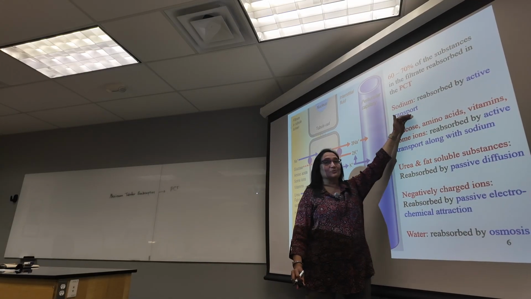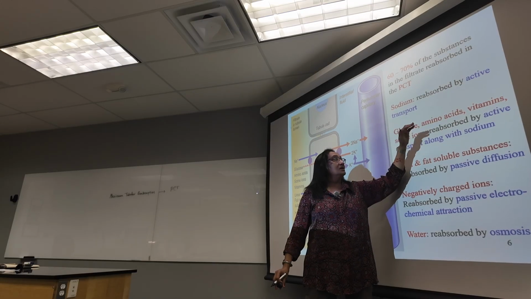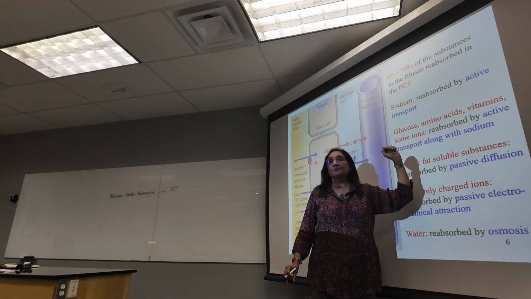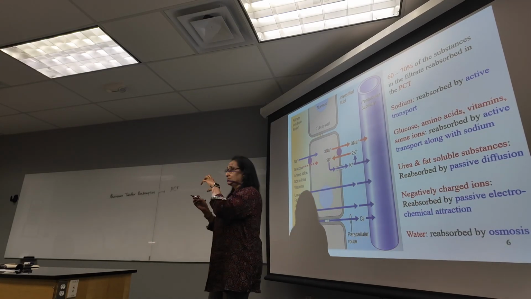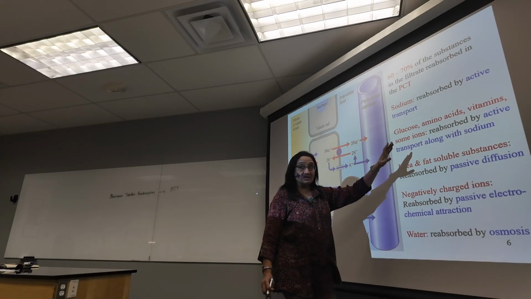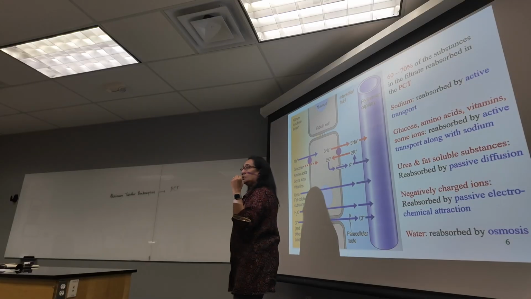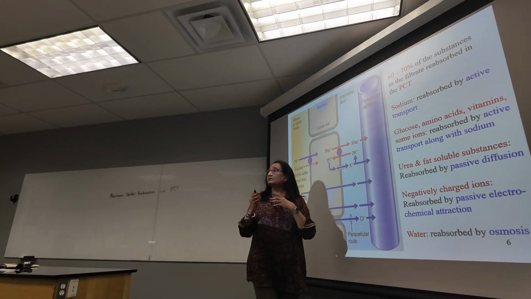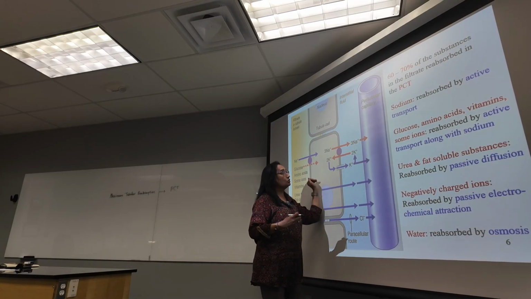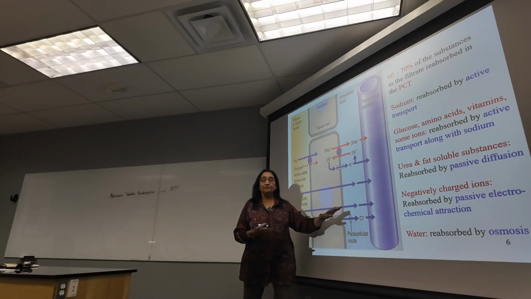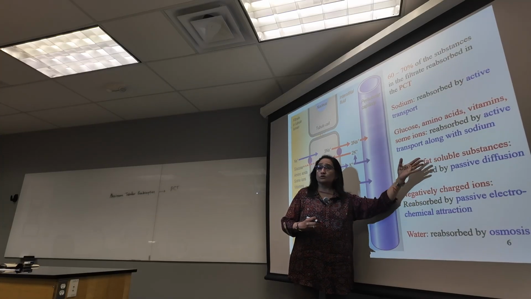Primary active transport. Glucose, amino acids, vitamins, all of these are active transport along with sodium. Okay, so you need sodium for reabsorption. Anything that is fat soluble can easily go through by simple diffusion, and so that's passive.